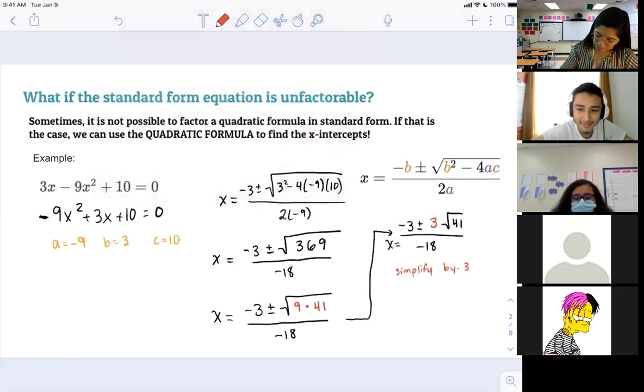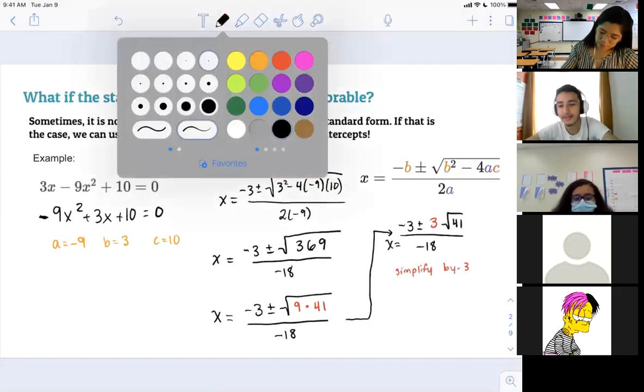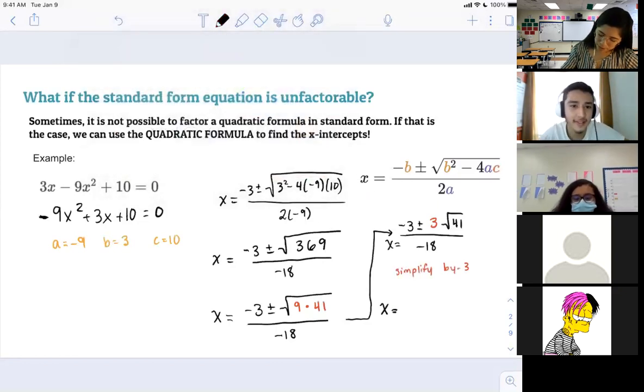When you divide everything by negative 3, we end up with 1 plus or minus 1 times the square root of 41. Wouldn't that be negative 1? No, because it's plus and minus, so either way. And then that's all over 6. So there's my final answer.